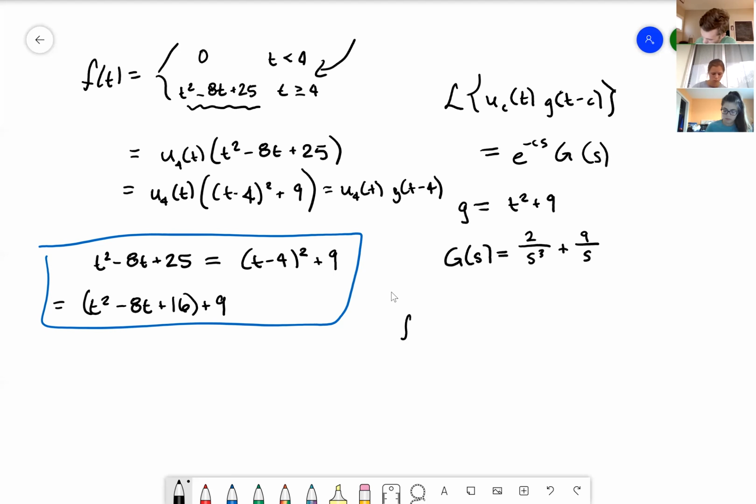So that means that the Laplace transform of f should be e to the minus 4s times 2 over s cubed plus 9 over s.